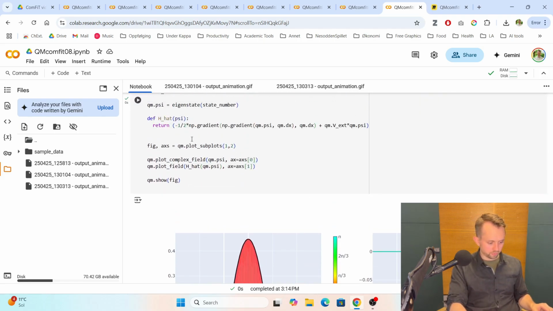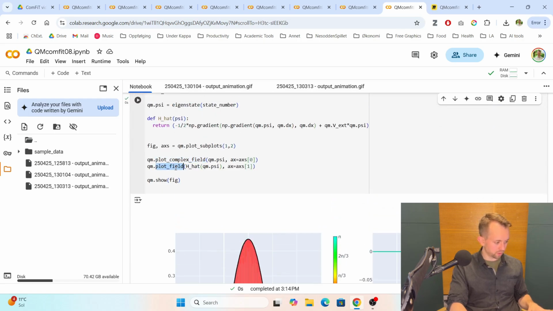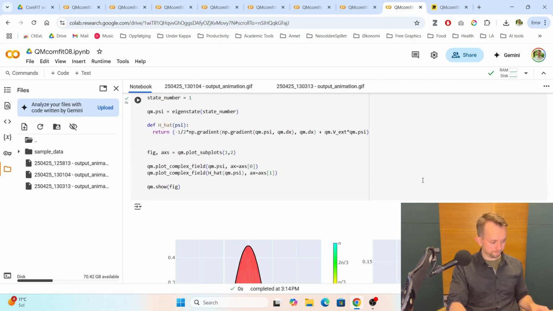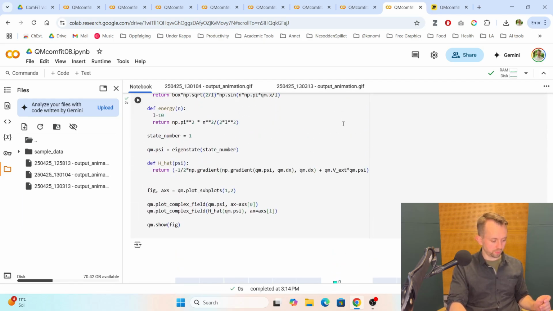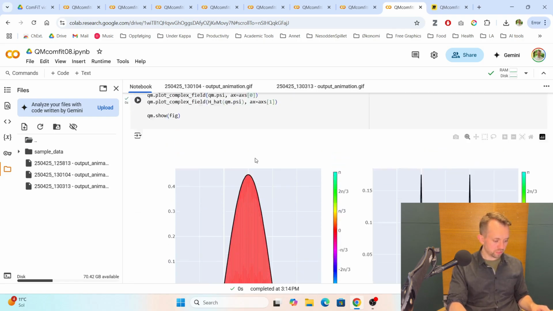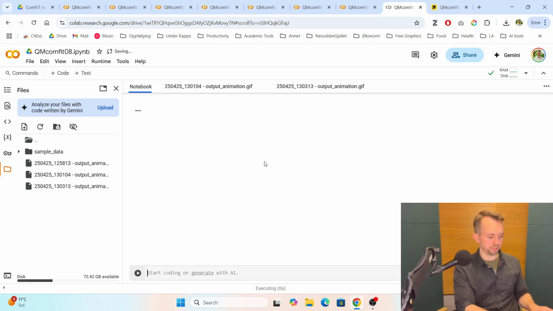It thought I wanted a field here, but the operator is still a complex field, so that's why it looked a bit strange. But this is what we get, right? So we have the initial state, and then I have the state after applying H.